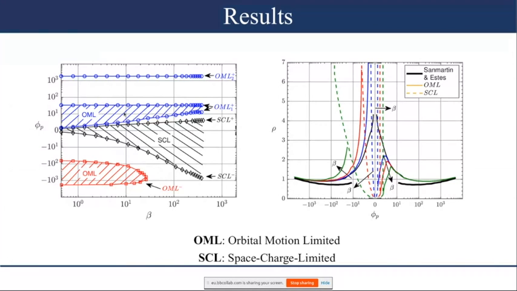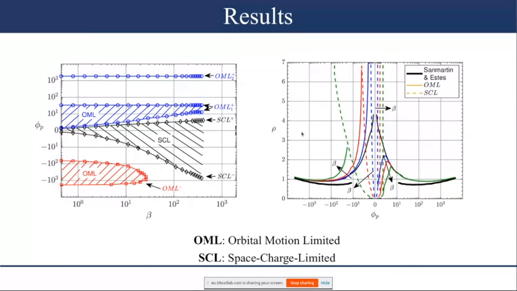The OML region is where the probe captured the maximum current, and the space charge region is where the emitted electrons are reflected back to the probe. One of the novelties of this work is finding this closed OML region.